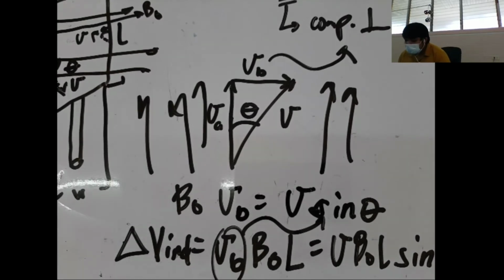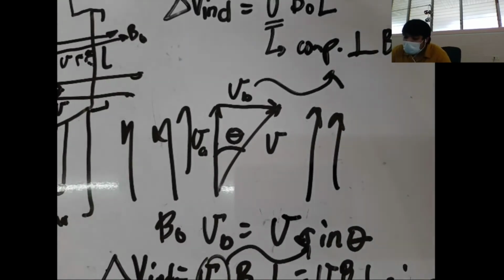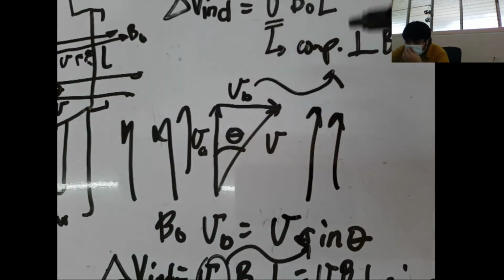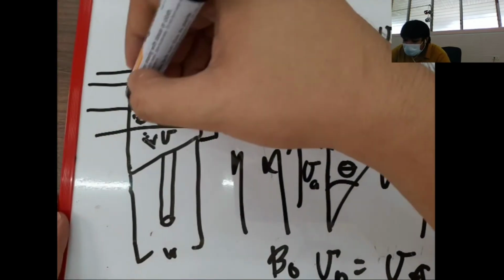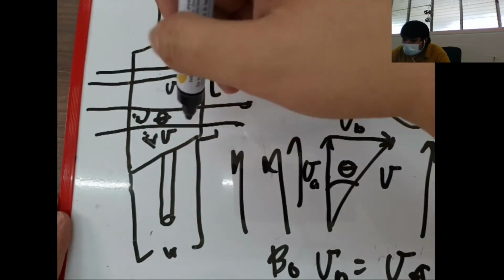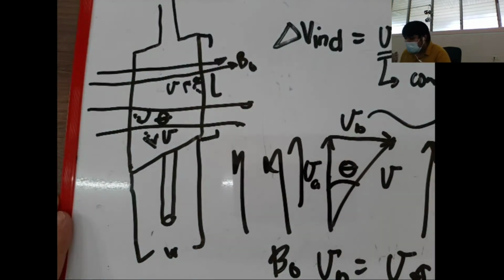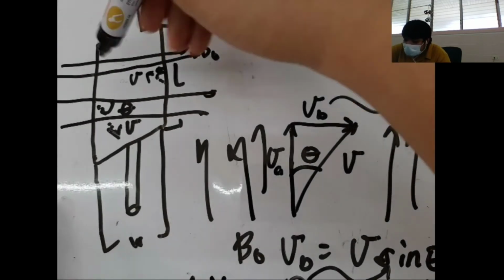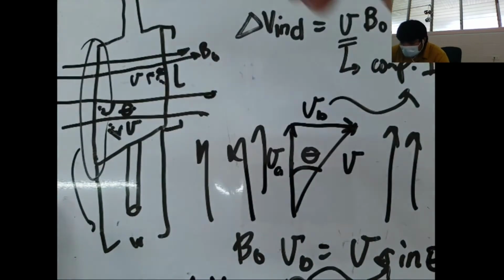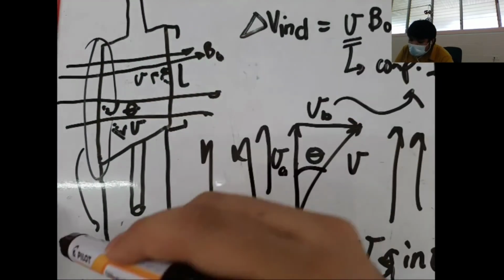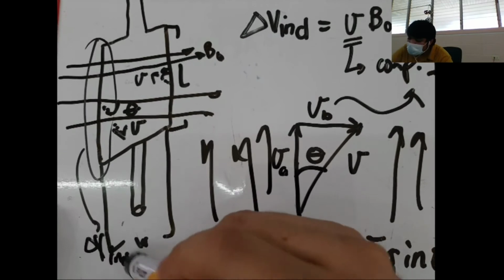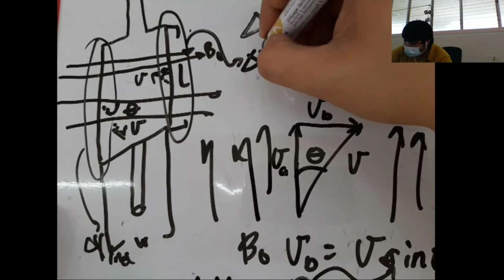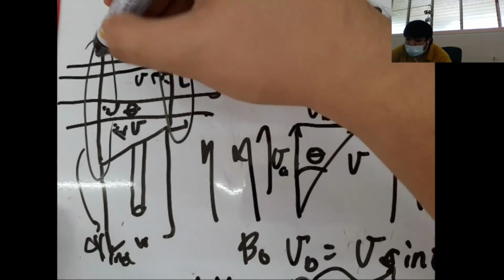But before I forget, since this side of the coil moves in this direction at magnitude v, and this one moves in the opposite direction at the same magnitude of velocity, this length of conductor produces an induced voltage, and the opposite length of the coil also produces an induced voltage of the same magnitude as the other side.